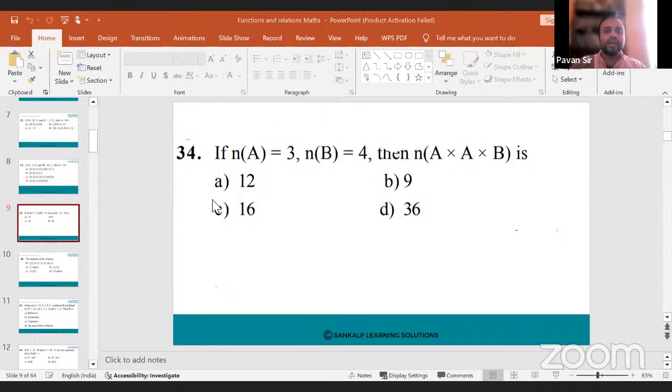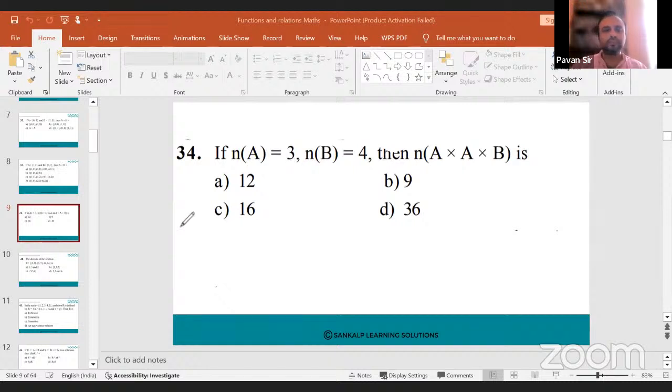If cardinality, that is n of A is 3, n of B is 4, what is the n of A into B? 5 seconds. n of A is 3, n of B is 4. What is n of A into B?